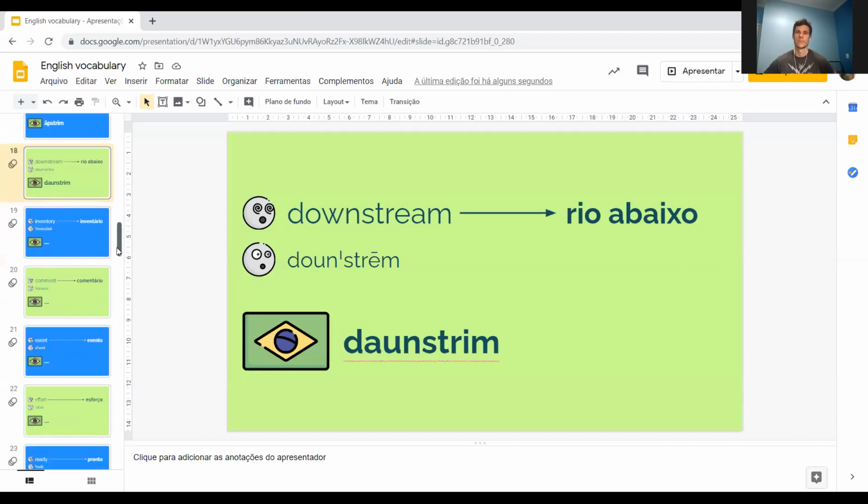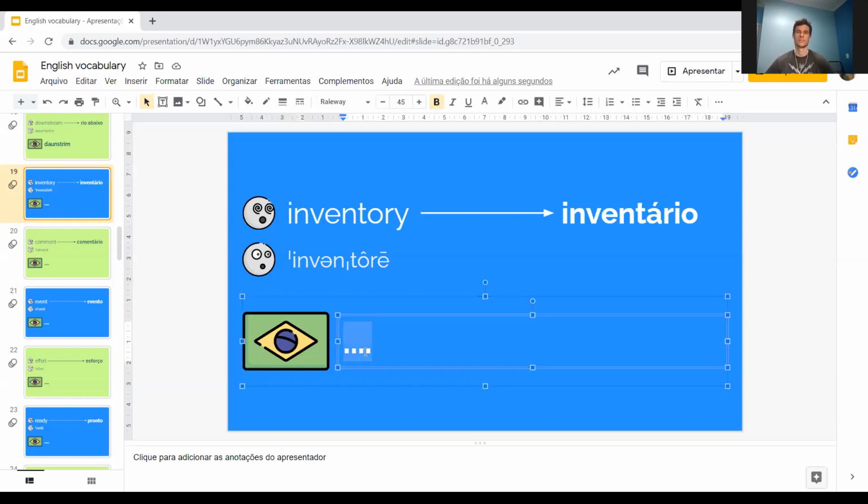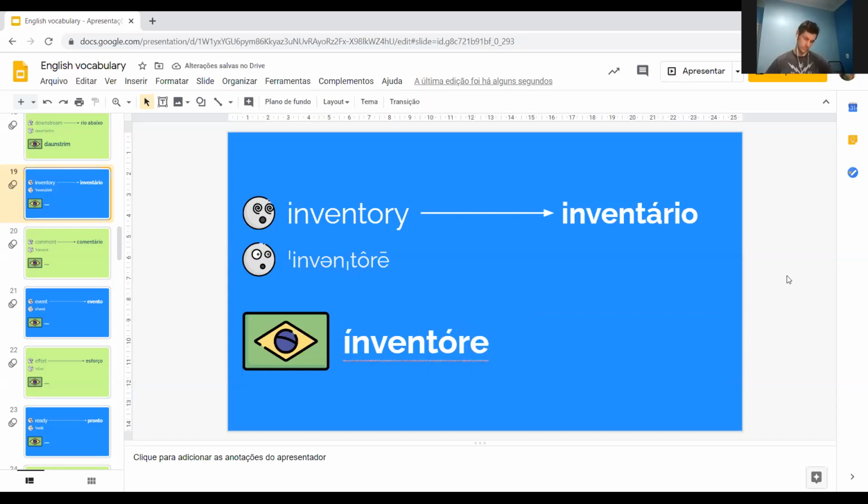This one I would say inventory. Okay, you've got to emphasize the first syllable. Inventory. Good. Okay. So I got few weapons in my inventory.